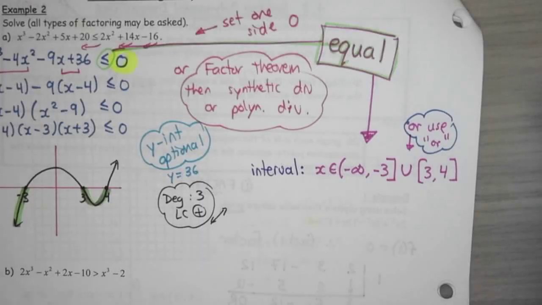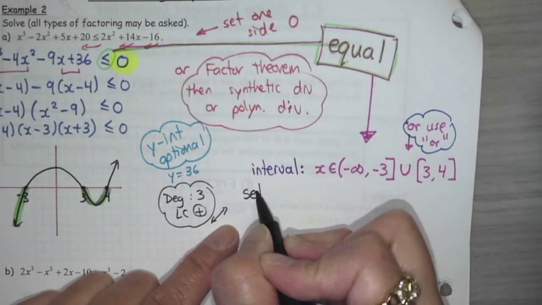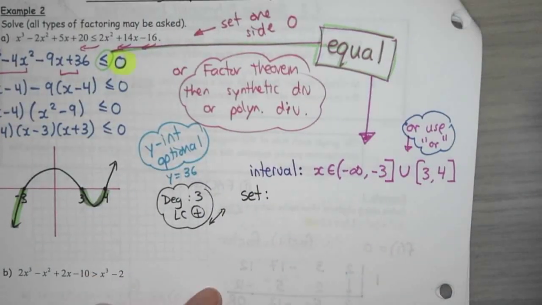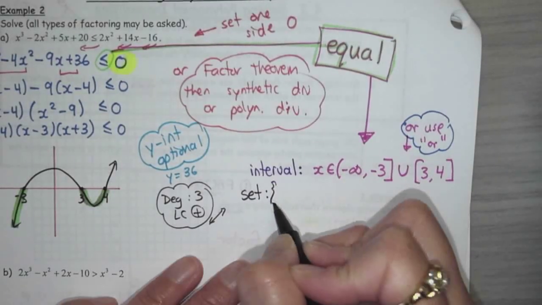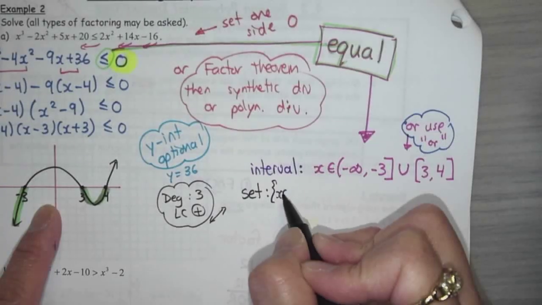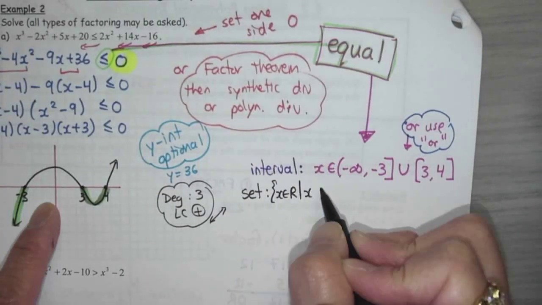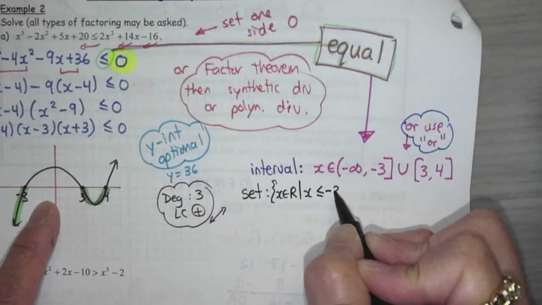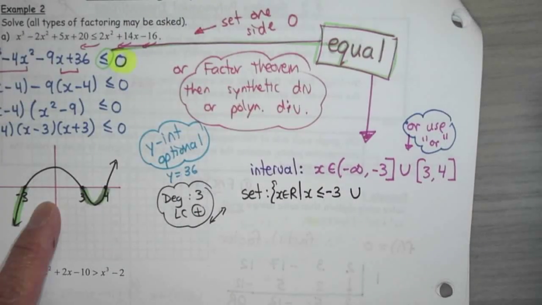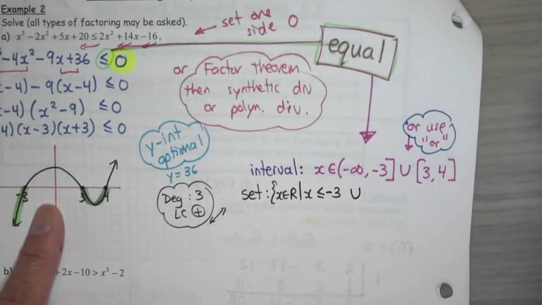Okay, practicing set. I know it's redundant. We're going to practice both so that you're never scared of either. So for my set notation, x is an element of real, and x is less than or equal to negative 3, or. This one I'll use the symbol, next one I'll use or.